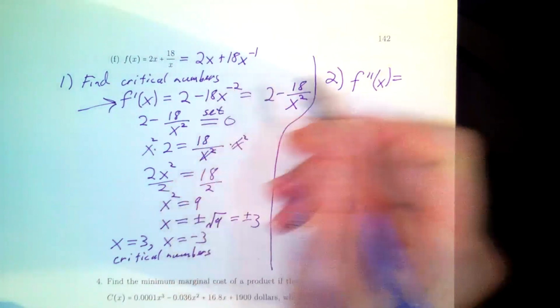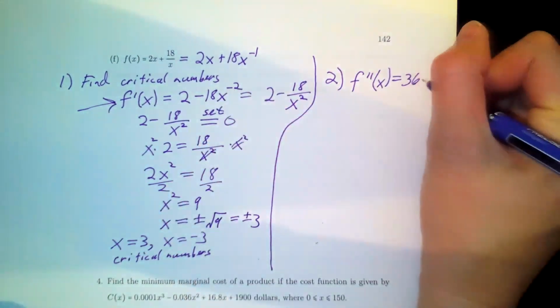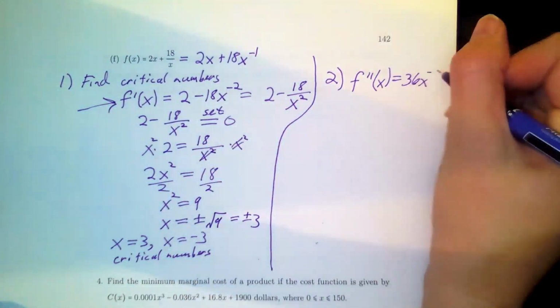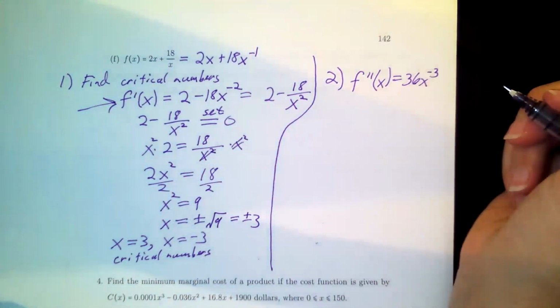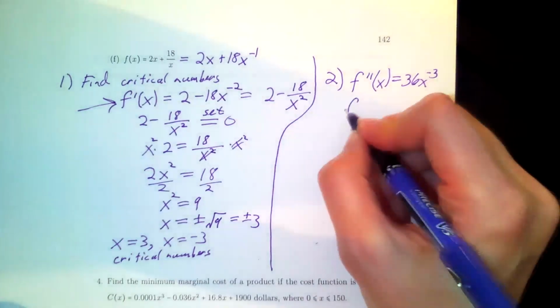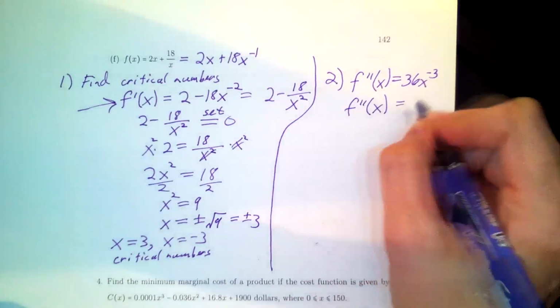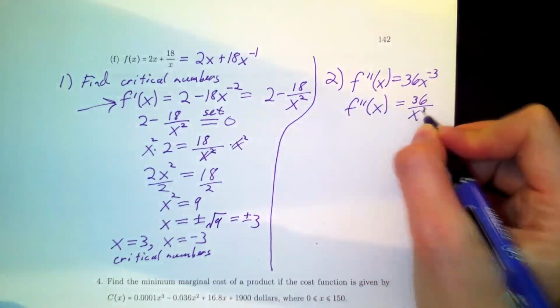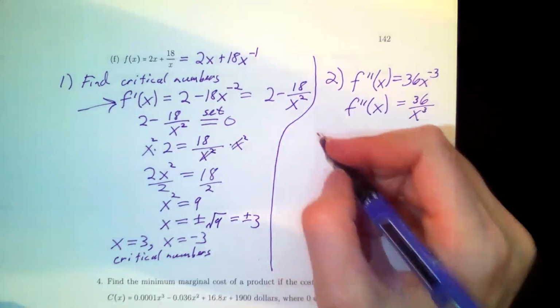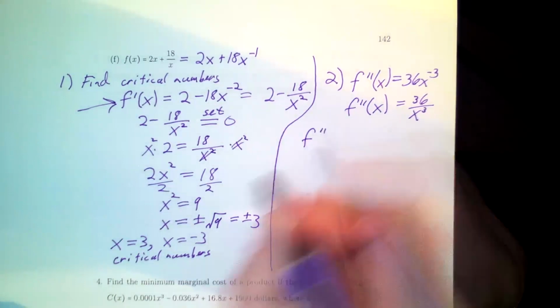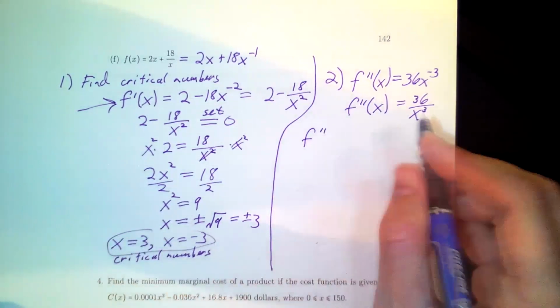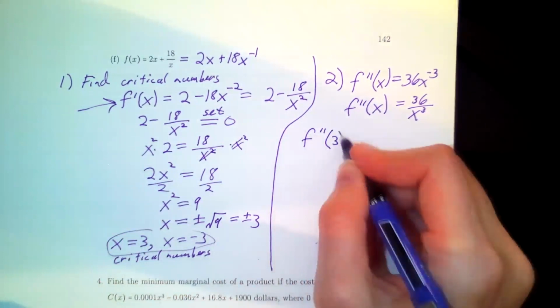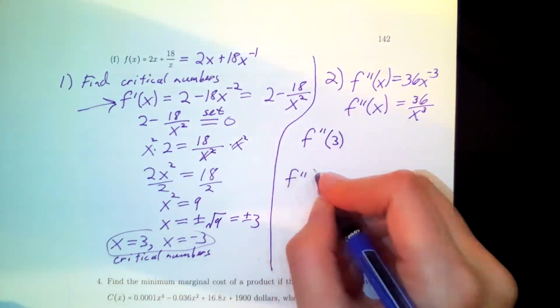Negative 18 times negative 2 is 36. X to the negative 2 minus 1 is negative 3. So my second derivative function, once you put this x to the minus 3 back where it goes, is 36 over x cubed. Let's take our 2 critical numbers over here and plug them into the second derivative. This is what makes it the second derivative test.